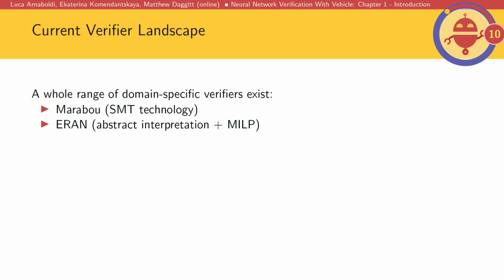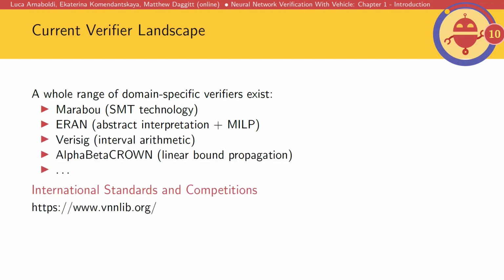Yesterday we had Infro that was using some abstract interpretation ideas, so this is very similar, I guess. Whenever you go to some verification domain, some ideas will be replicating themselves. There is VeriNet that uses interval arithmetic, and Alpha-Beta-CROWN, which has been a winner of competitions on neural net verification for a few years, uses linear bound propagation.